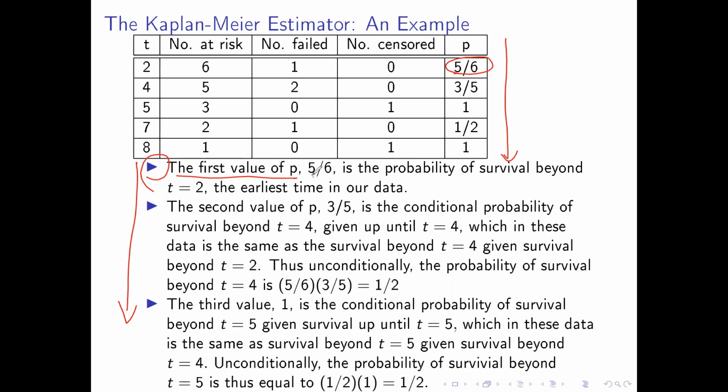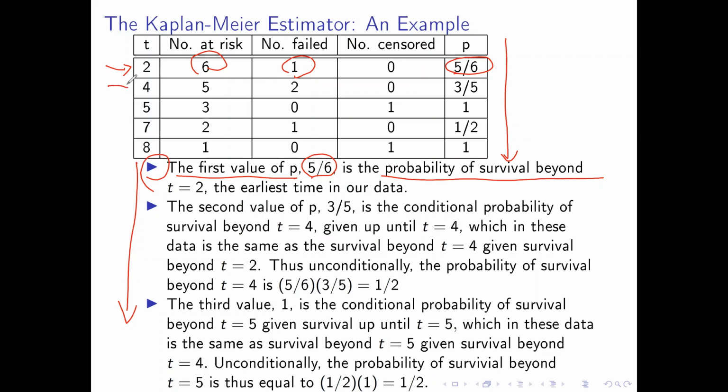Why is it 5/6? It is the probability of survival beyond t equal to 2, day 2. Basically, we see how many survived during this time interval: 6 at risk and 1 failed. So the probability of survival is 5/6 during this time interval.